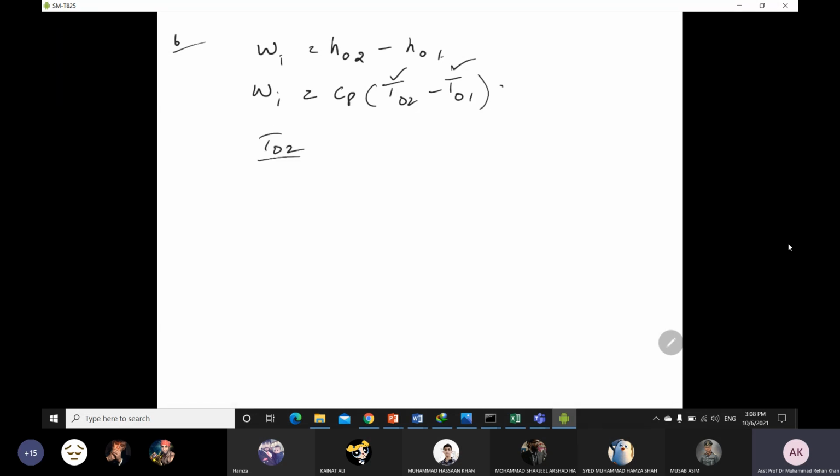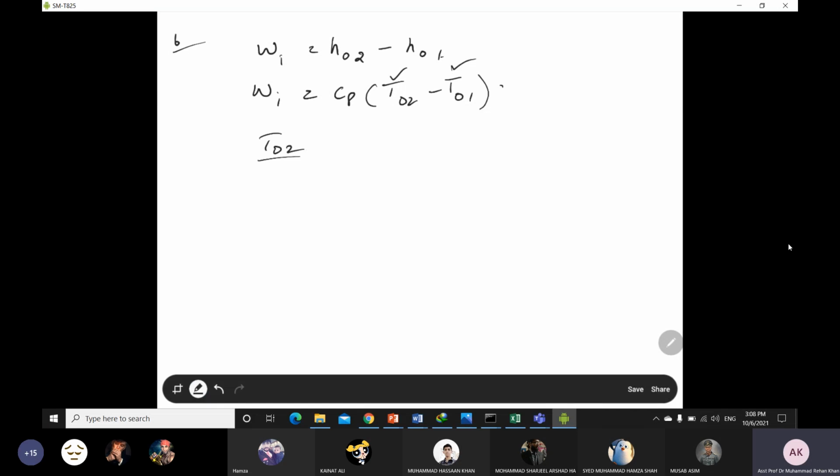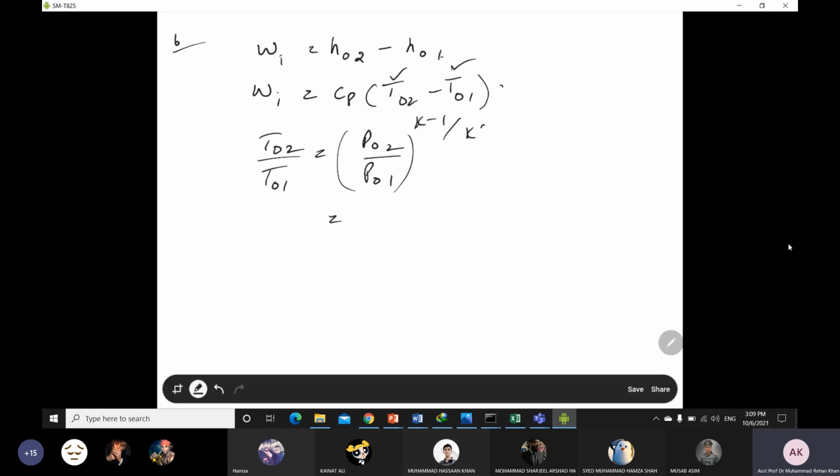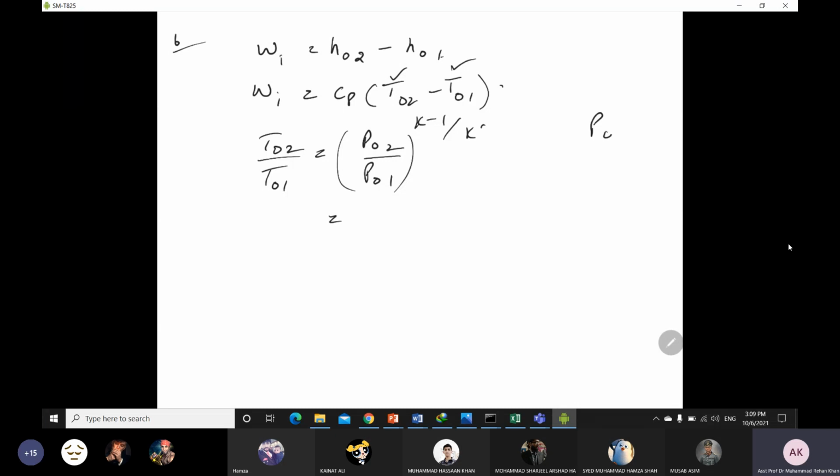For the temperature at the outlet, we can simply apply the isentropic relation, because it is mentioned that the process is isentropic. So T02 divided by T01 is equal to P02 divided by P01 to the power K minus 1 divided by K. It is also mentioned in the problem statement that the stagnation pressure ratio of the compressor is 8, so P02 divided by P01 is 8.